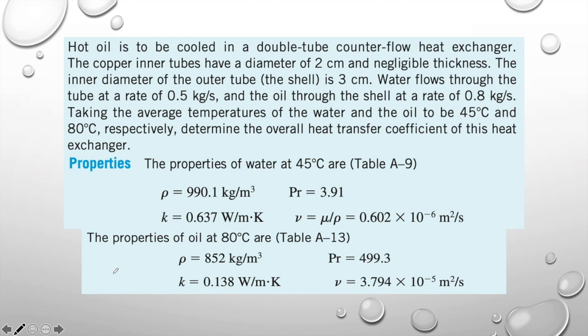At this point, previously I've already mentioned, if the question mentions negligible thickness, what you do is assume that there will be no conduction in the tube.